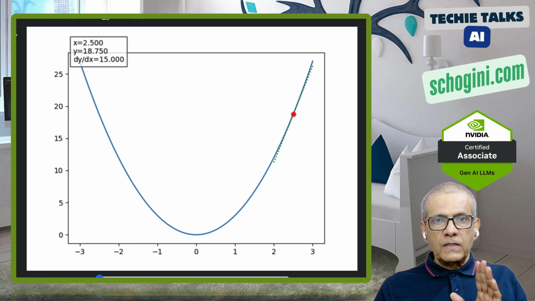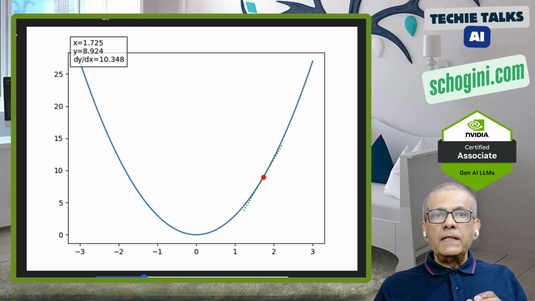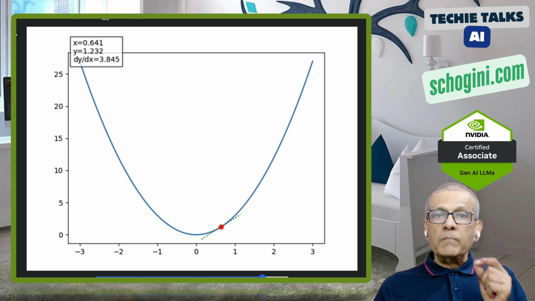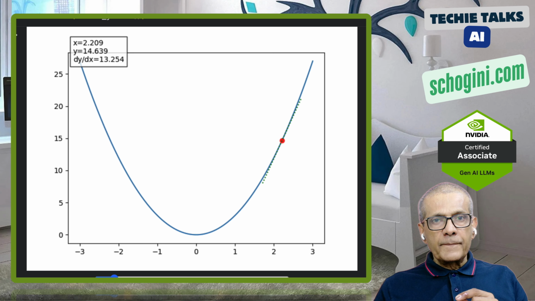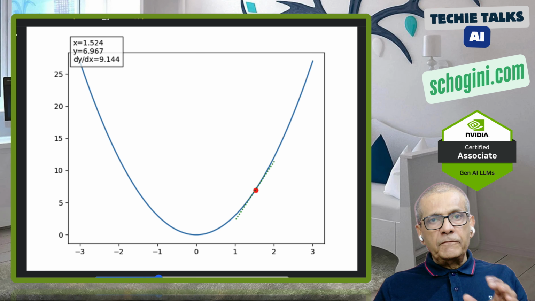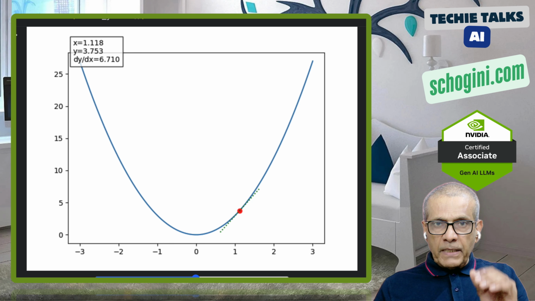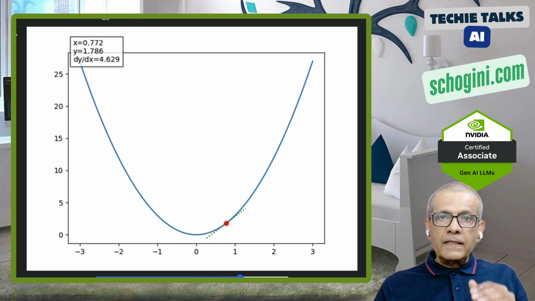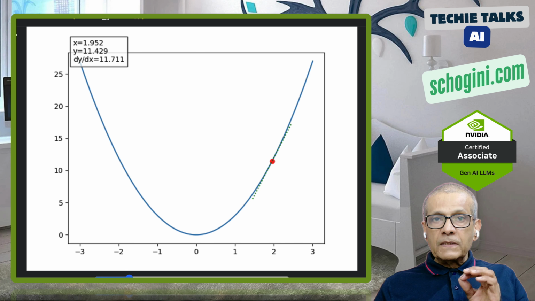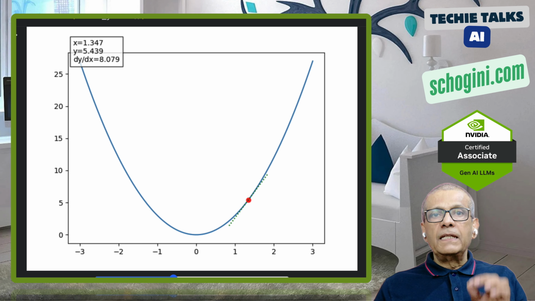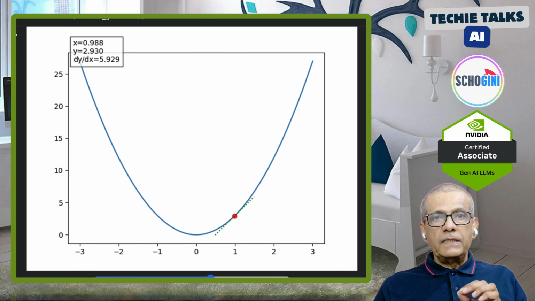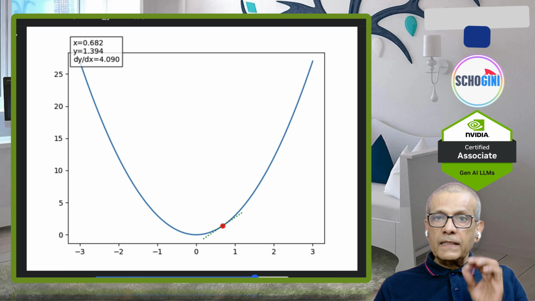Clear? That part is clear. The lowest point in every direction represents the parameter value where the error is minimum, or the loss is minimum. Calculus gives us a powerful tool to navigate this surface, the derivative, dy by dx.